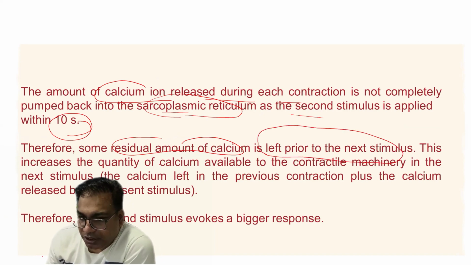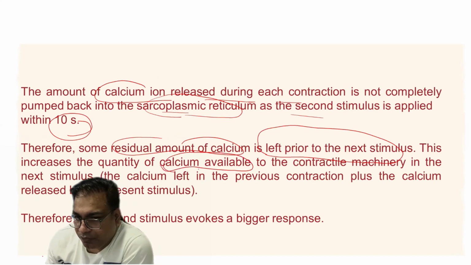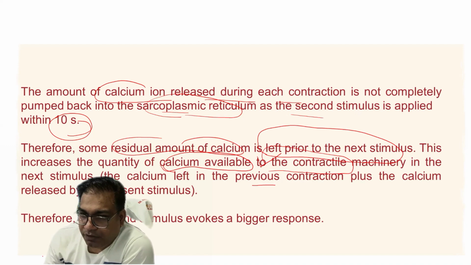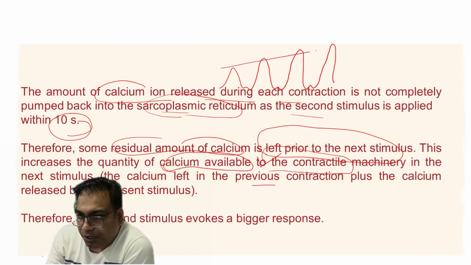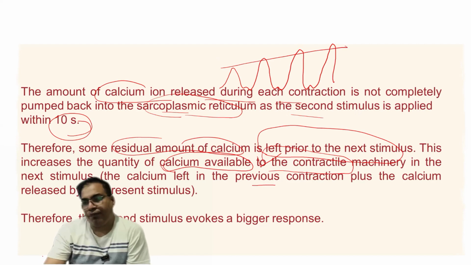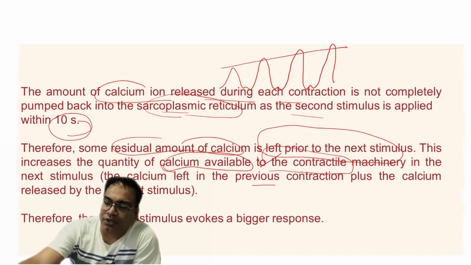So there is an additional quantity of calcium available for the second stimulus, and this second stimulus generates a higher force of contraction than the previous one. So in the graph, the next twitch or curve shows higher amplitude for a few contractions. This is called trapeze phenomena or beneficial effect or Bowditch effect.